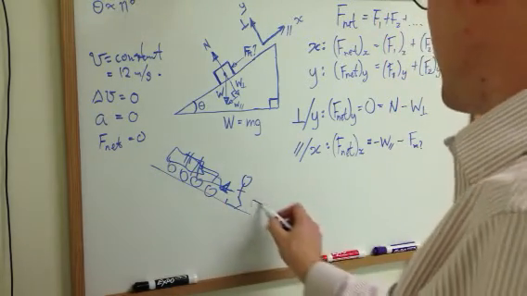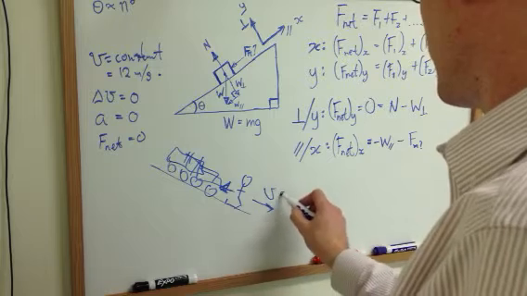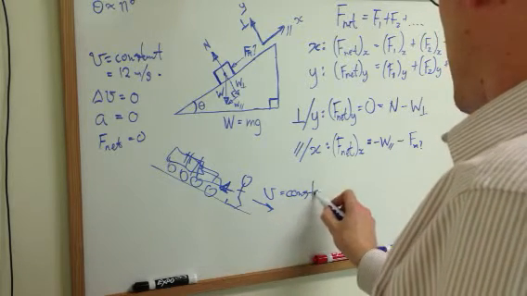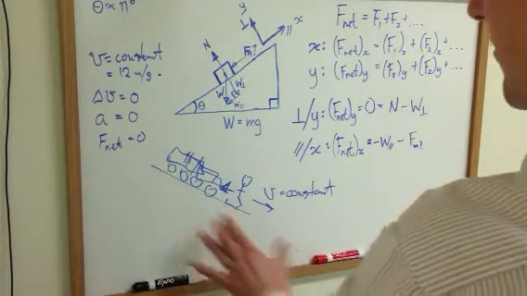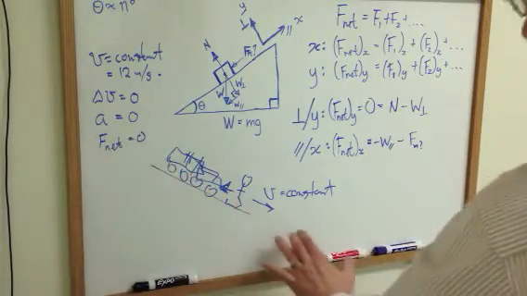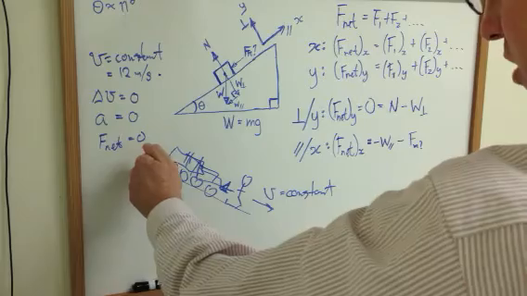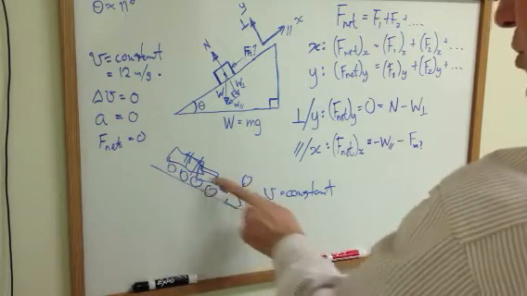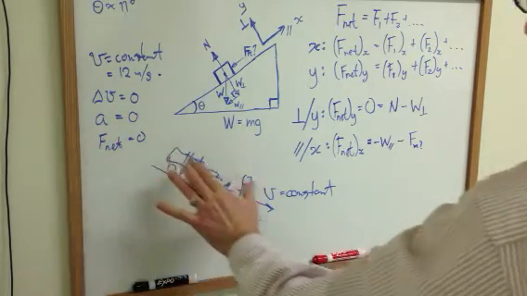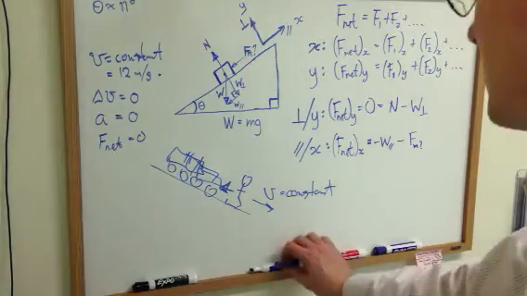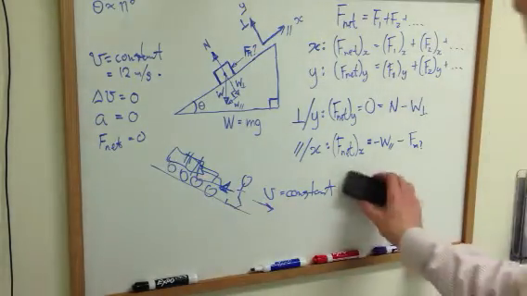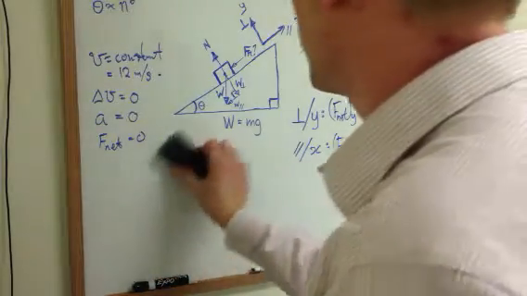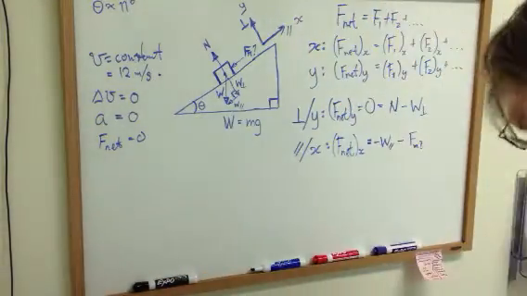He was sliding down with constant velocity, and I argued there that he was in equilibrium. Even though he was in constant motion, the carts were pushing down on him, he was pushing up on the carts, and they moved without accelerating, and the forces were equal and opposite. He wasn't accelerating, and he was in constant motion. So that's what must be happening here.